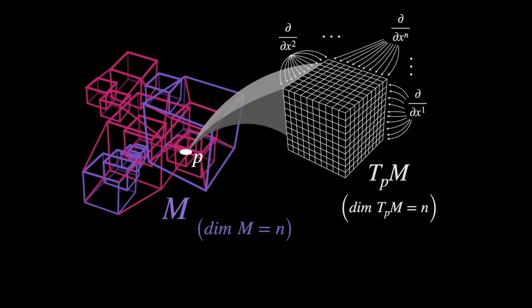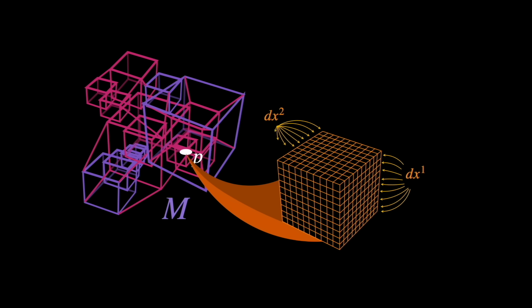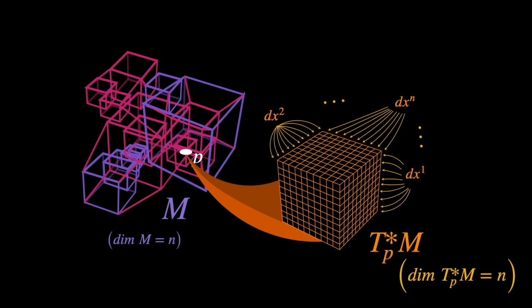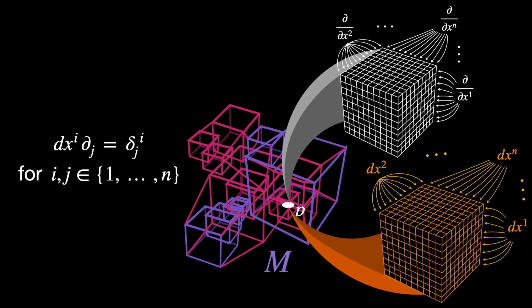The cotangent space T star PM, so its dual, is the space of one-forms at the point P. Its dimension is also n, and its basis is dx1, dx2, and so on up to n. From the definition of dual basis, this relation must always be satisfied, just as before.